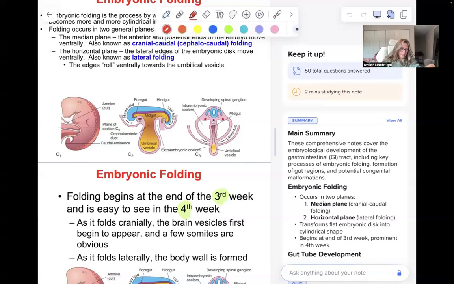So the amniotic cavity kind of starts originally like this around, but then if we turn it sideways, the amniotic cavity is coming down, down, down like this, and it's slowly pinching this umbilical vesicle almost completely shut.